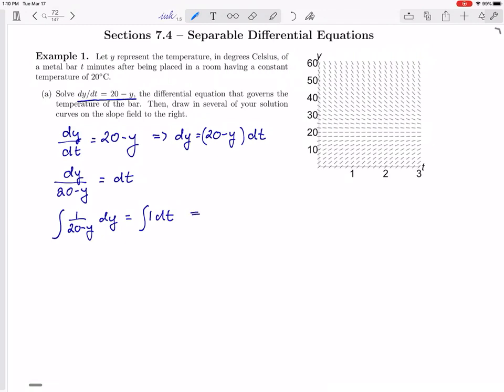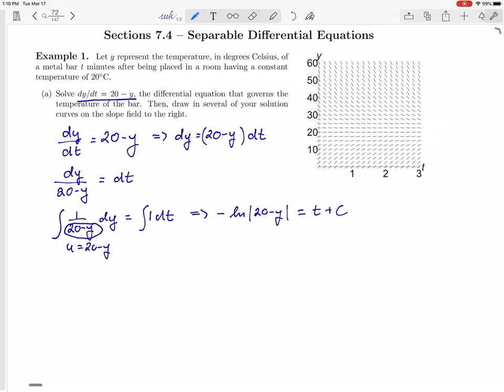So now we can integrate. On the left-hand side, you could use u substitution with u equal to 20 minus y, and when you do that, you'll get minus the natural log of the absolute value of 20 minus y as your antiderivative, and on the right-hand side, you just have t plus c.